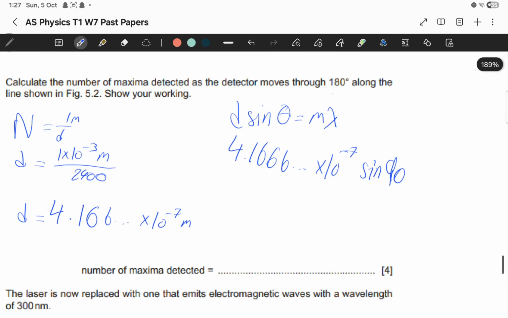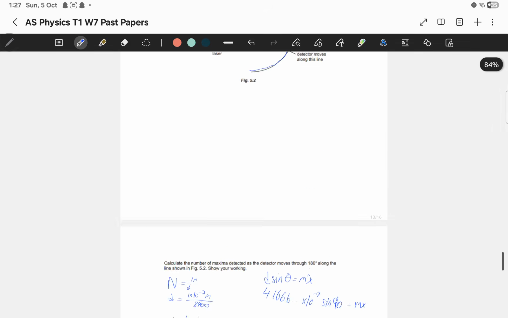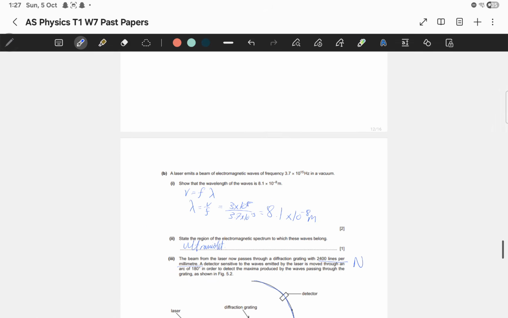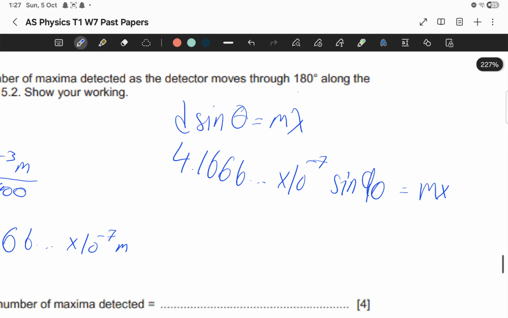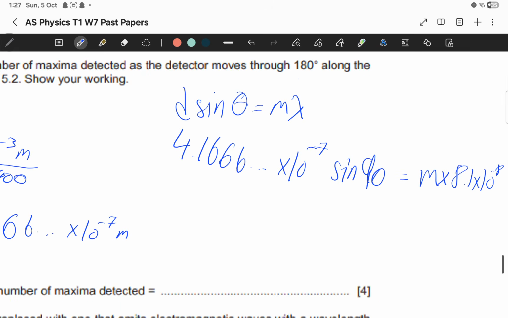So sine 90 is going to equal m times the wavelength, which we found was 8.1 times 10 to the power of negative 8. Now do this on your calculator: sine 90 over 8.1 times 10 to the power of negative 8, over 4.1666 times 10 to the power of negative 7.